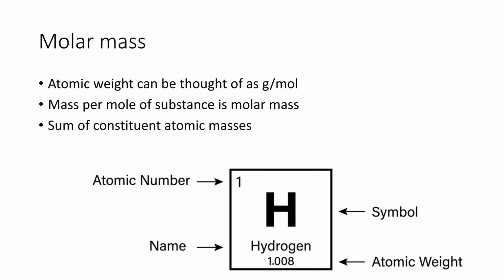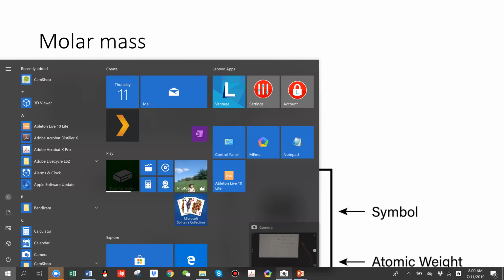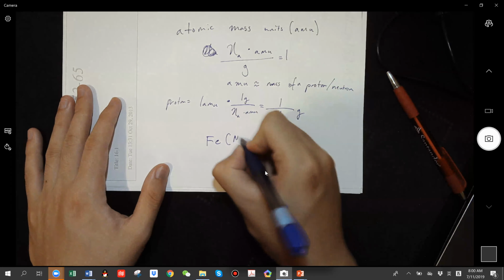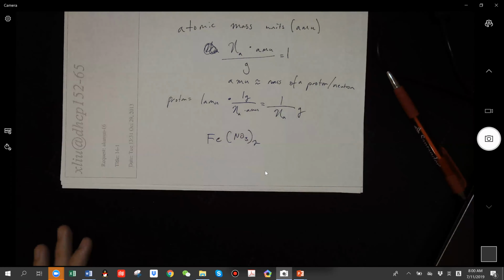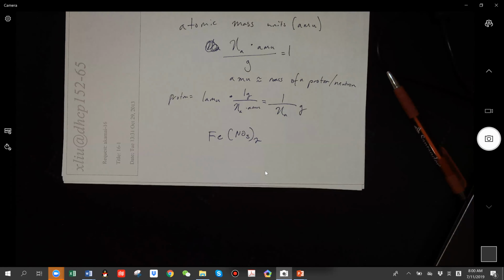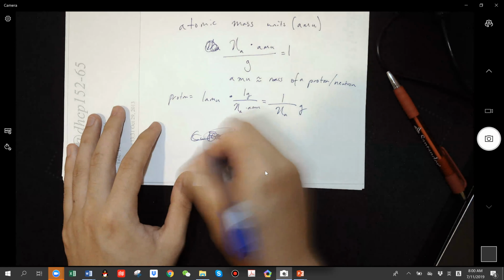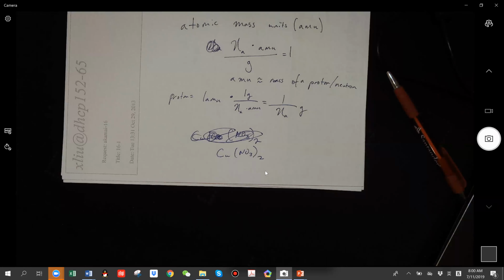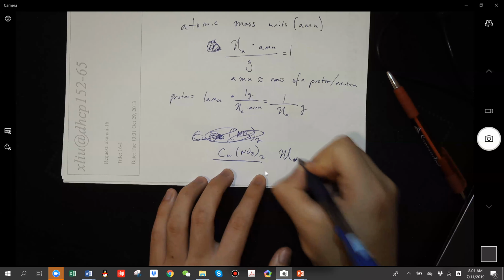So look at your periodic table, and can someone tell me the molar mass of Fe? Actually, let's just make it Cu. Can someone type the molar mass of that compound in the chat? It's also called molecular weight.